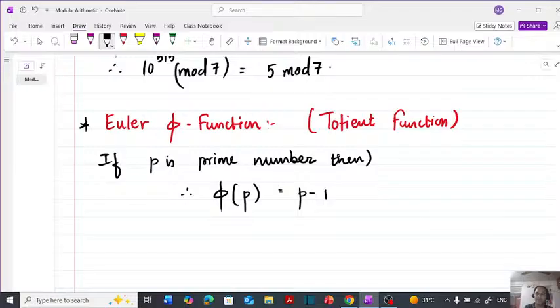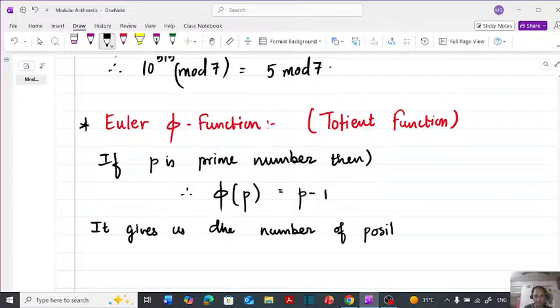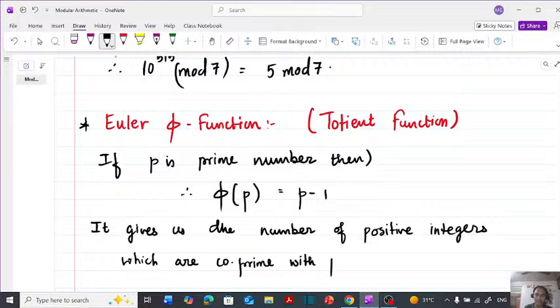It gives us the number of positive integers which are co-prime with p and are less than p. This is what it helps you to understand.